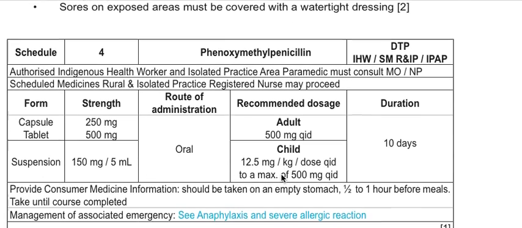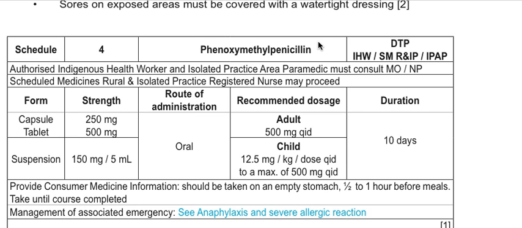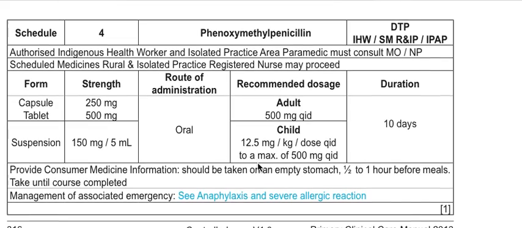In terms of medications you can use, there's phenoxymethyl penicillin. Comes in capsules or tablets. Oral. Usual dose is 500 milligrams QID or 12.5 mg per kg per dose for a child for 10 days.